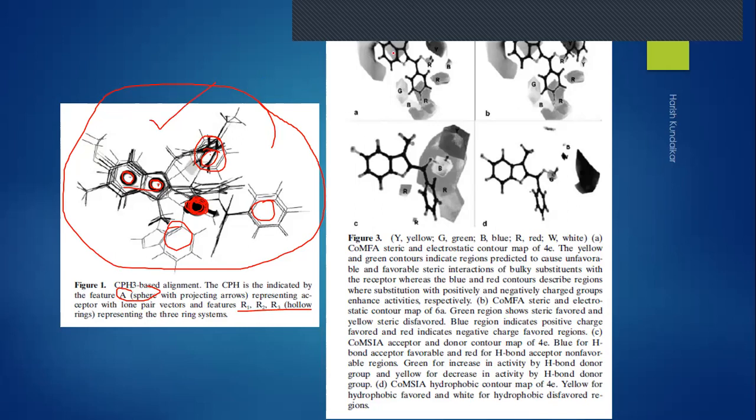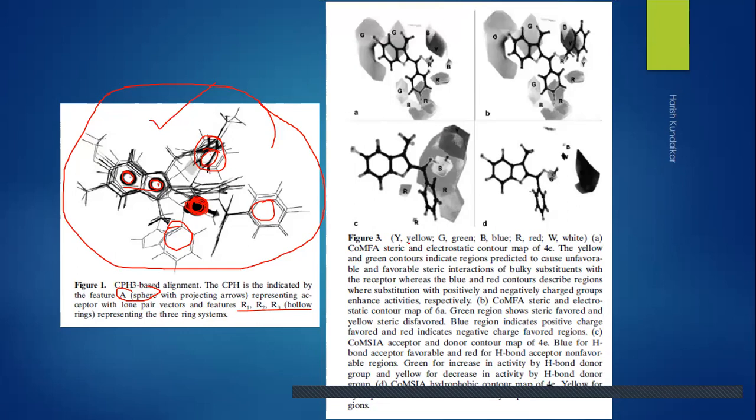Here what we see are the contour maps which come out of CoMFA and CoMSIA, 3D-QSAR. These are black and white images, but they have G written over here, R written over here, so they are indicative of the color. G is green, B is blue, R is red.